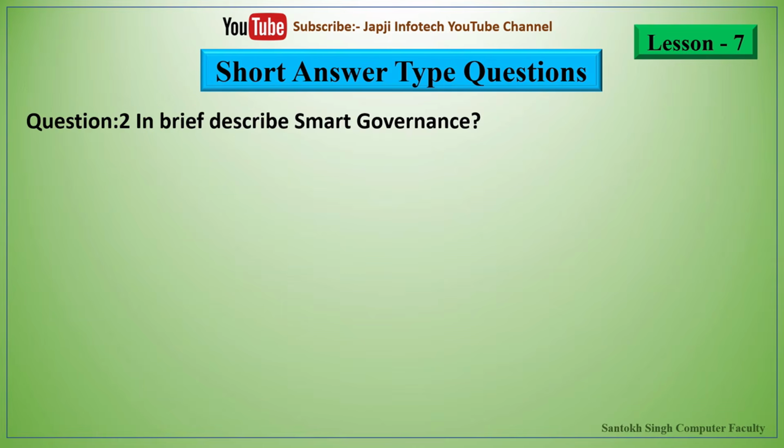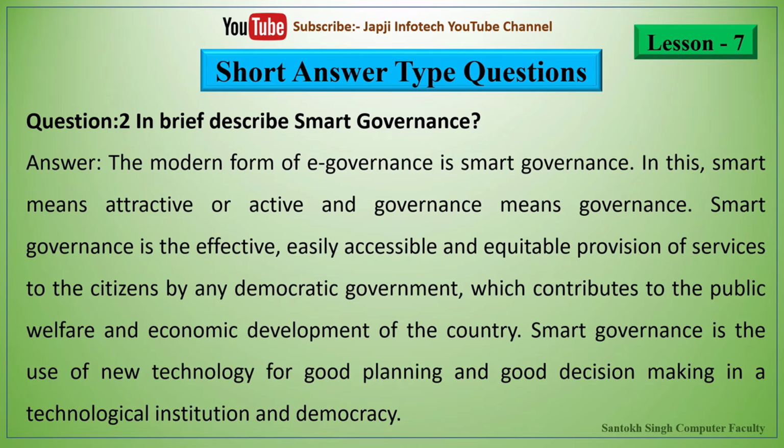And the second question is, in brief, describe smart governance. So the modern form of e-governance is smart governance. In this, smart means attractive or active, and governance means governance.